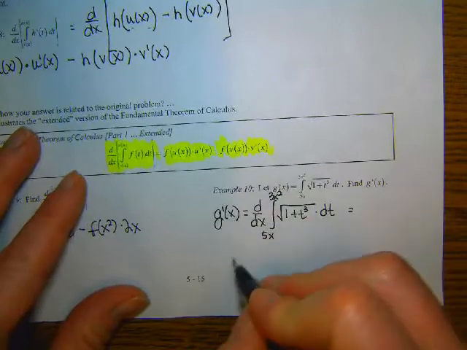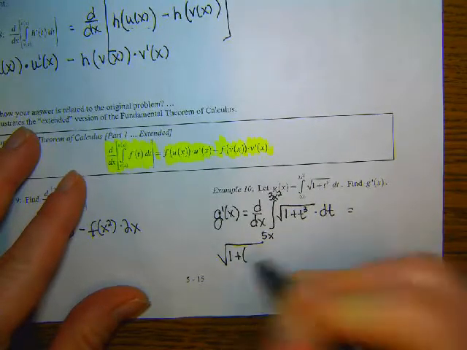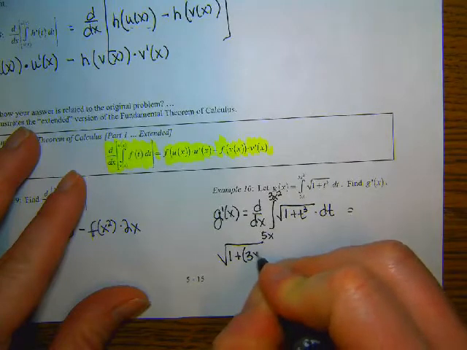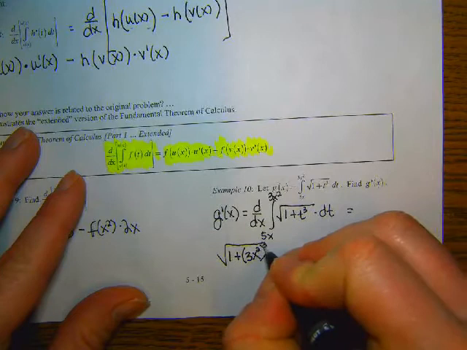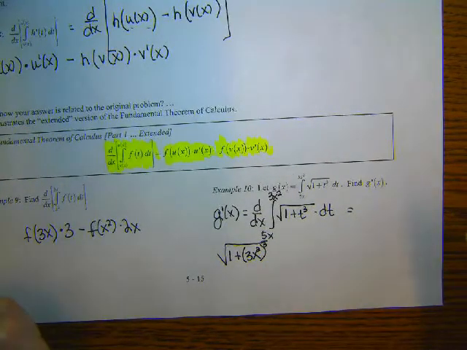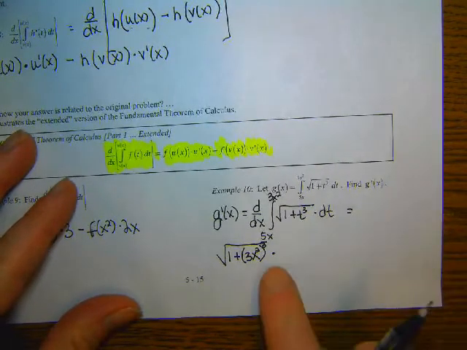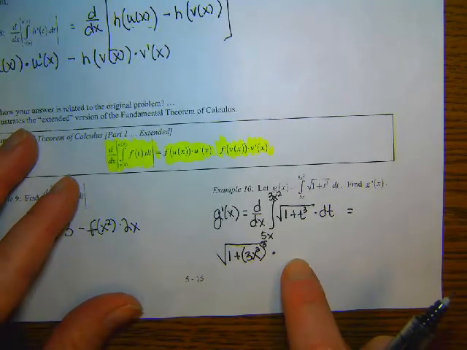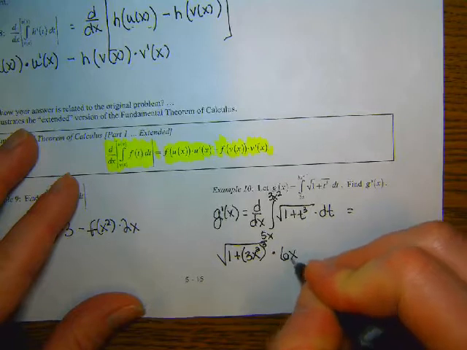All right, so I'm going to do the square root of 1 plus, and in a parentheses, I'm going to put 3x squared, and then that is cubed. Let's make sure that's a cubed there. And we might do a little bit of simplifying, but there's not a whole lot you can do with this. All right, now times, what do I have to multiply by? 6x.